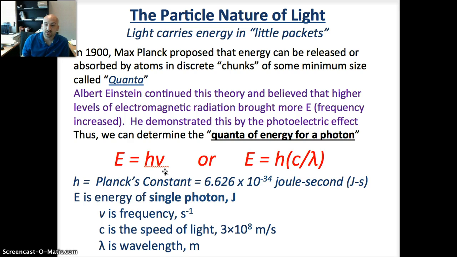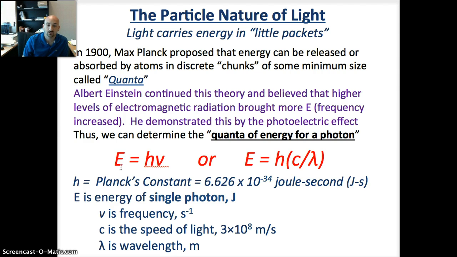So the energy of a single photon, and a single photon is just that chunk or packet of energy, which we can then use to calculate the energy of that photon. When we break this equation down, E is equal to Planck's constant times the frequency. E is just referring to the energy of a single photon. So if we think about this, the more frequent the cycles, the more energy that was delivered in each packet.